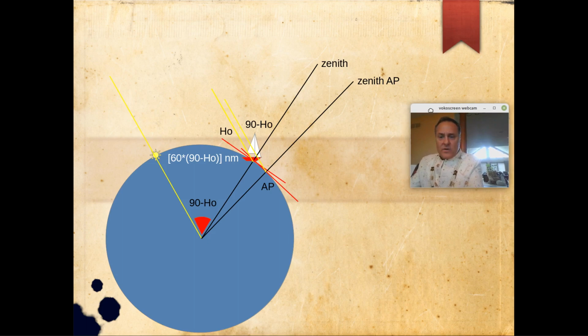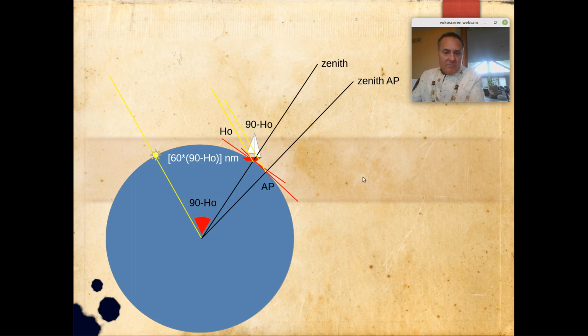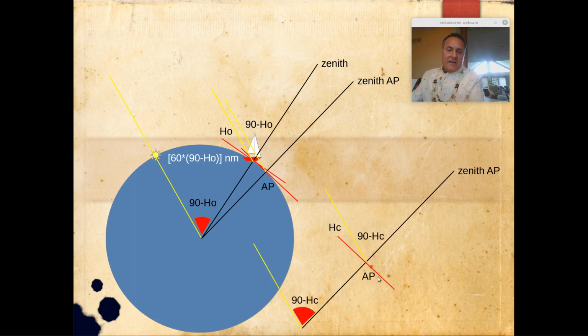Whatever the case, when I take some of this complexity off to the side, you see that here's the assumed position. 90 minus HC is bigger than 90 minus HO. The difference on the surface of the Earth is nothing more than the nautical mile separation between the boat and the assumed position.